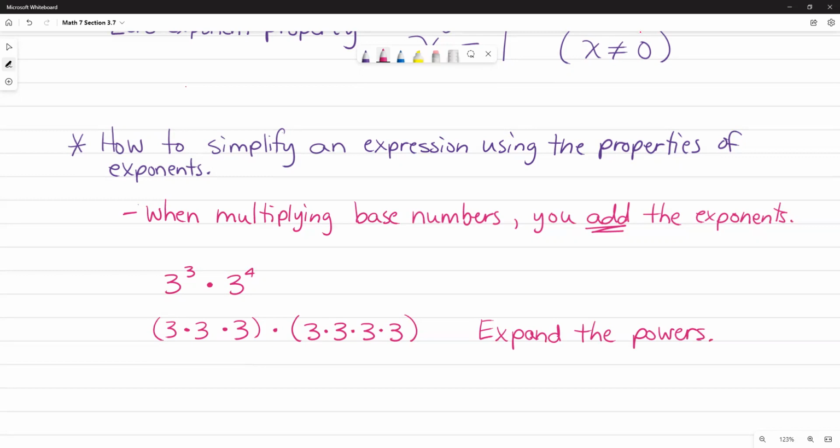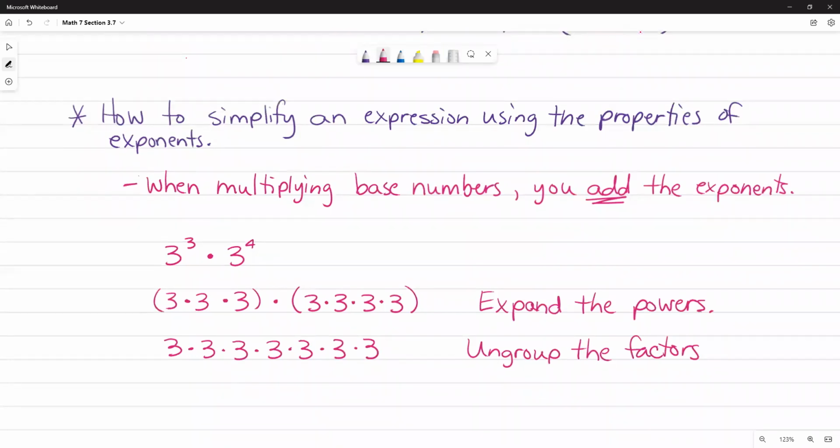Now let's ungroup the factors. This is 3 times 3 times 3 times 3 times 3 times 3 times 3, 7 times. 1, 2, 3, 4, 5, 6, 7. Yep. So now we've ungrouped the factors, the base numbers. Because by definition, an exponent is how many times a number is multiplied times itself, we can tell that each of these numbers is 3.